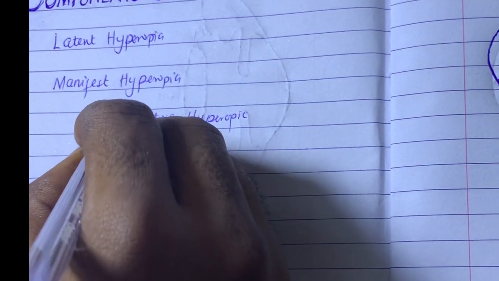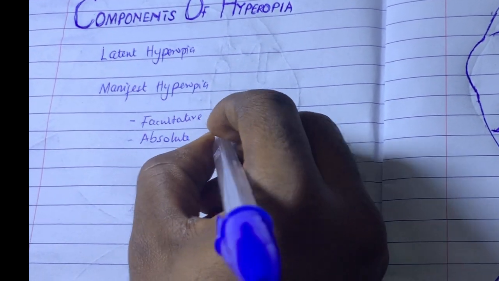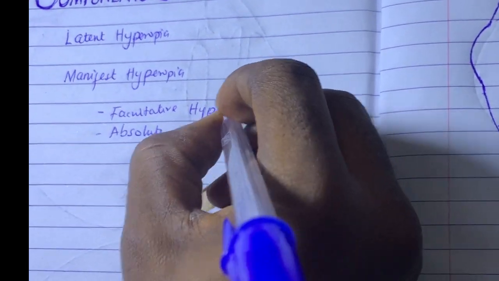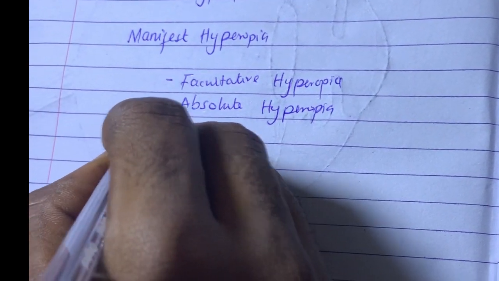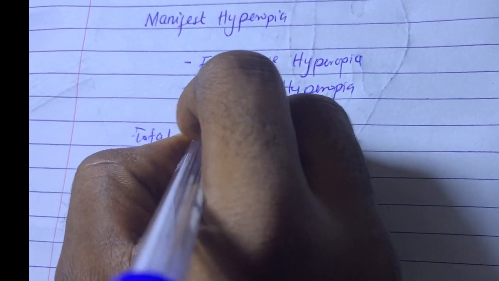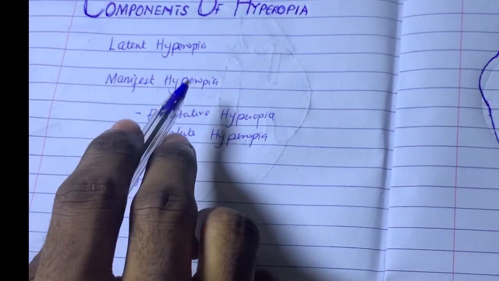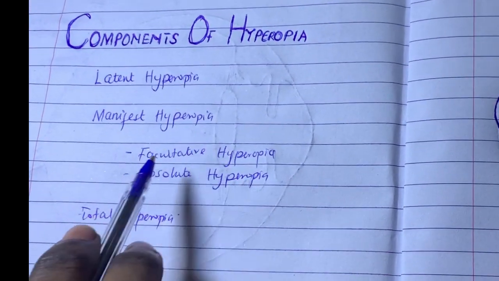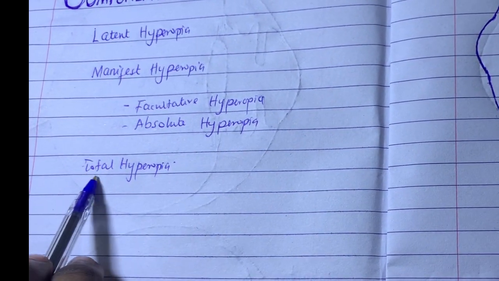And also something called absolute hyperopia. And we have another one too called total hyperopia. So latent hyperopia, manifest hyperopia, facultative hyperopia, absolute hyperopia, and total hyperopia.